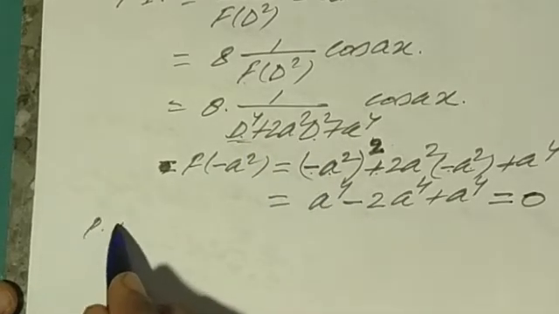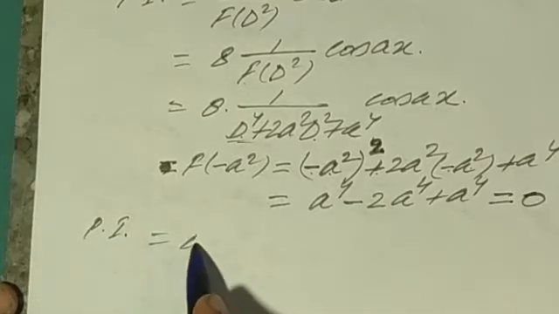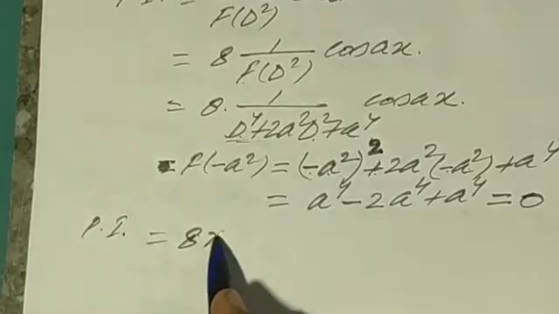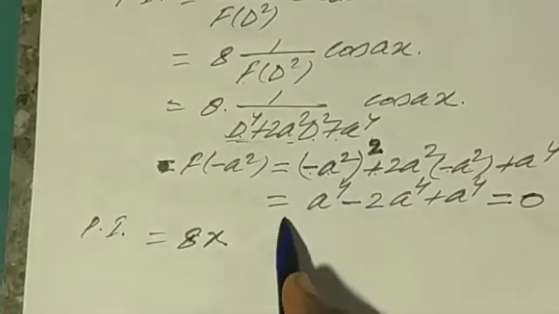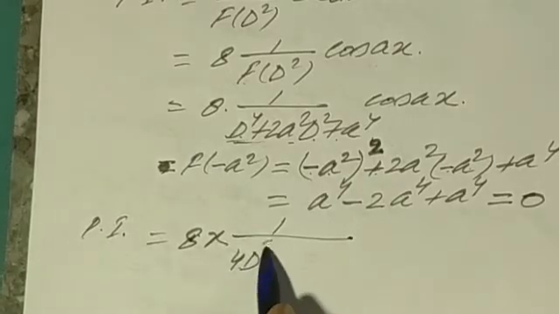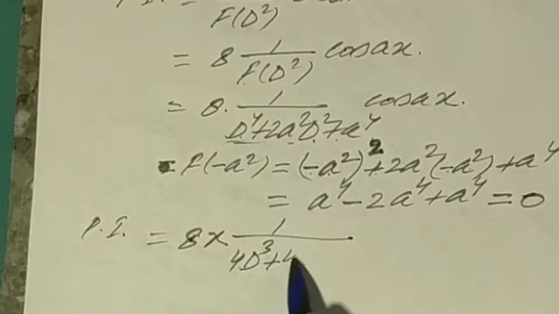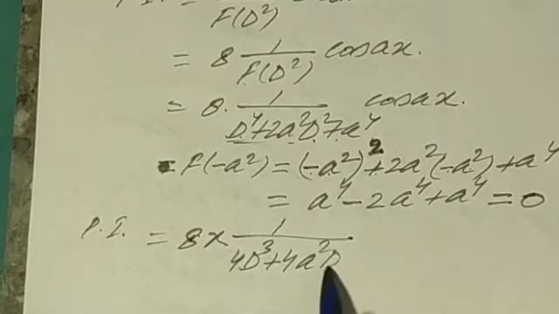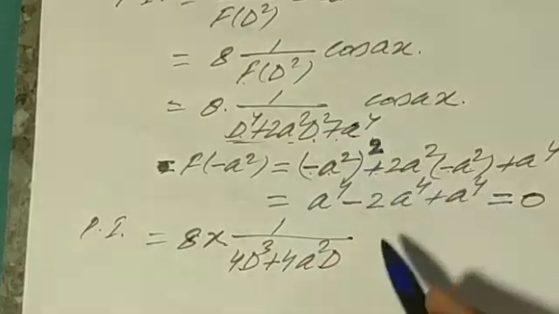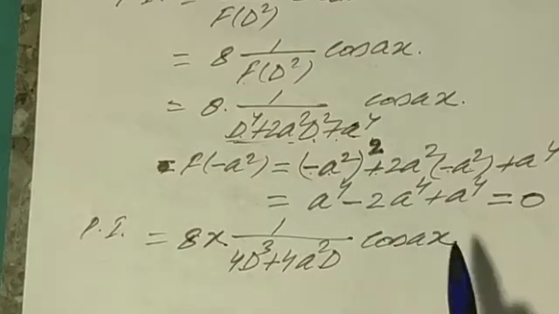So PI is equal to 8, and when we differentiate it, we take x out, and after that we differentiate this as 4D³ plus 4a²D. Derivative of a raised to power 4 is 0 because this is constant, and cos ax as it is.